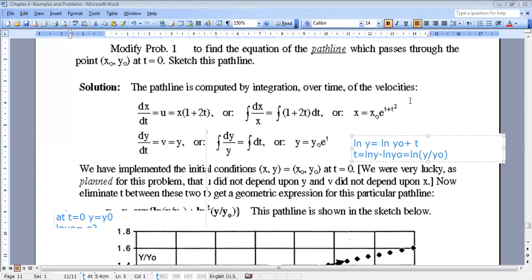In this way, you eliminate time between the two equations, and you get the equation of the path line as y as a function of x or x as a function of y.